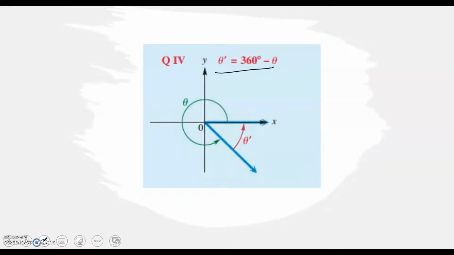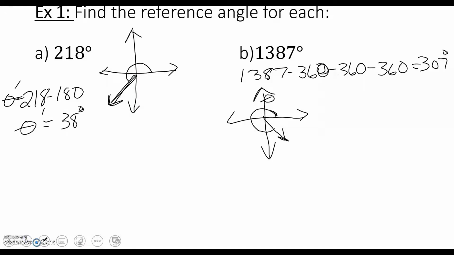Y'all see that here? So I'm going to do 360 minus 307, and that is going to give me my theta prime. So theta prime is going to be equal to 53 degrees. So the reference angle for 1,387 degrees is 53 degrees, okay? So that is how you find the reference angle.